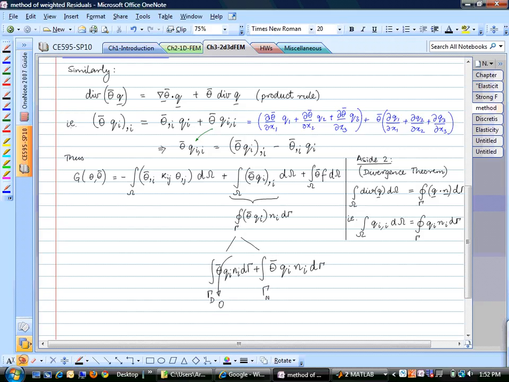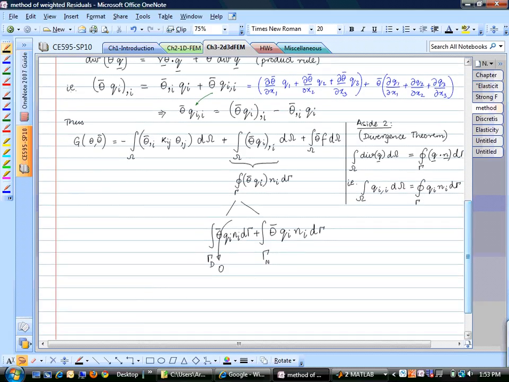So this entire term goes away because this is a choice that we are making. We choose our virtual displacement on that part of the boundary where the real displacement or the real temperature is specified. We choose our virtual displacement or virtual temperature to be 0. And once we do that, what we have left here is this term, which is also a force term that will go into the F part of your equation later on.